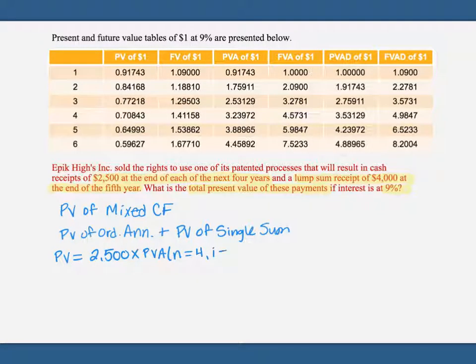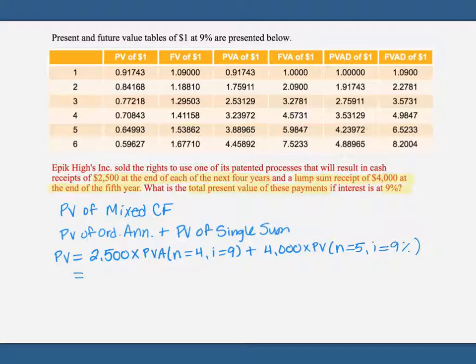And interest again is 9. Then we add that to the present value of this $4,000 lump sum receipt. So $4,000 times the present value of $1. This time there'll be 5 periods because it's at the end of the 5th year. So N equals 5. Again, interest is 9%.